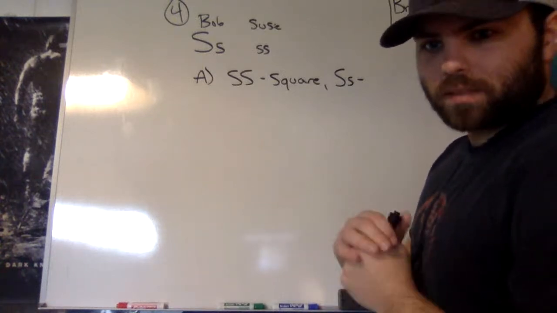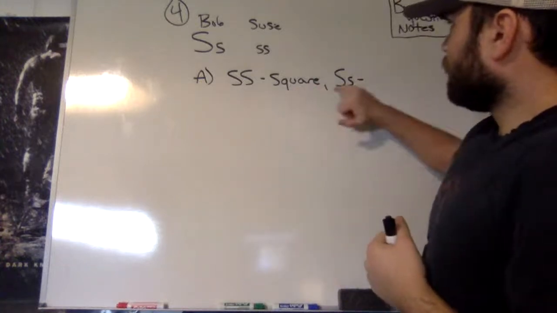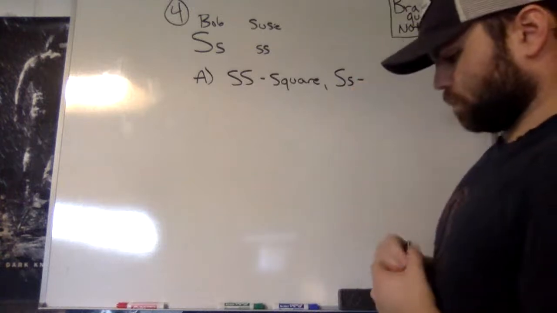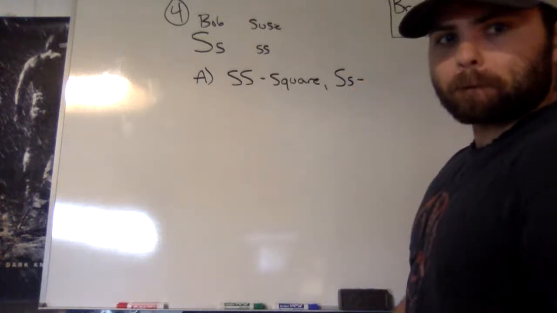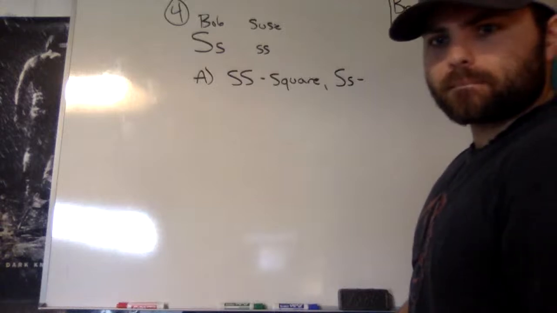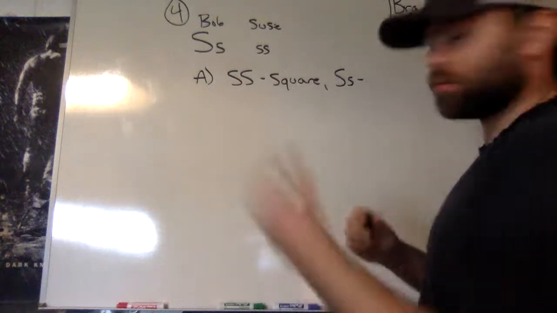That's all right, Jane. You'll just have to go back to the beginning of the video for the other questions, okay? So if it's capital S and lowercase s, what are we going to do from there? What type of shape are we going to? Square, right? Good.